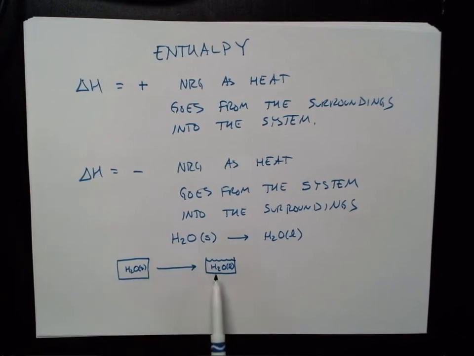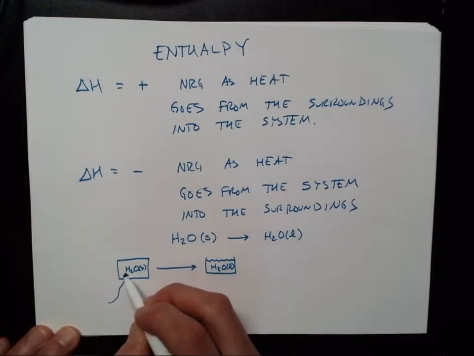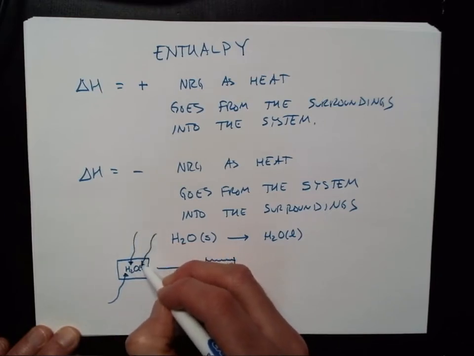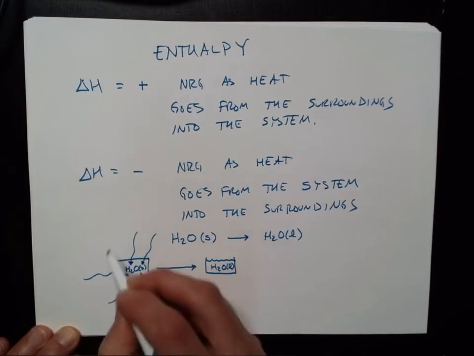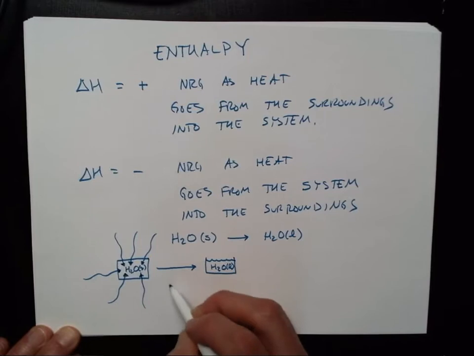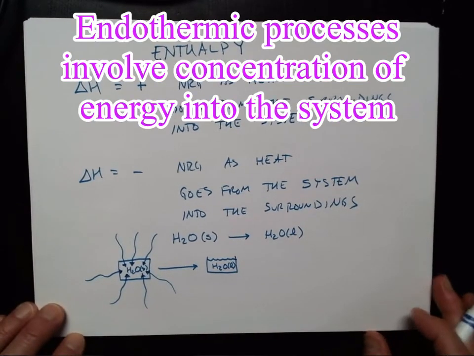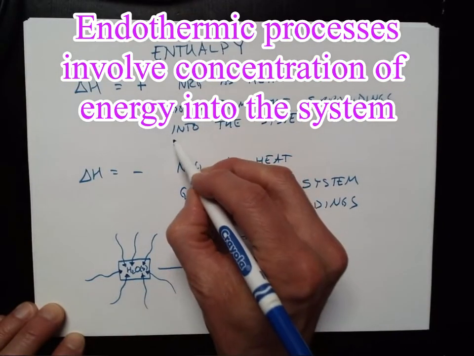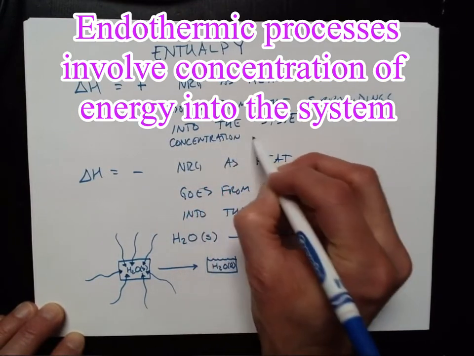In order for this to happen, energy as heat has to go from the surroundings, so from all the surrounding stuff, into the system. So from all over the universe, energy is going to flow from the surroundings into the system. This actually represents not a dispersion of energy, but a concentration of energy into the system. So this represents concentration of energy.